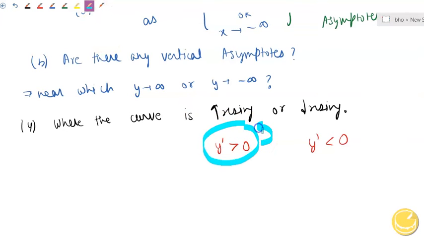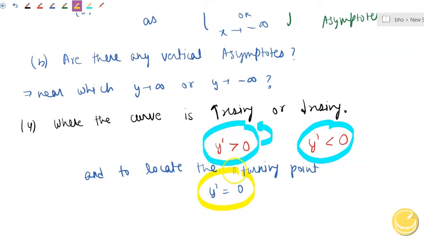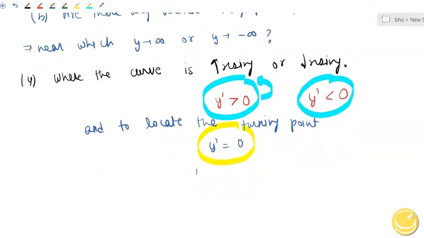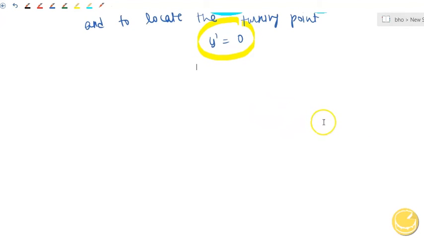We find this to locate the turning points. For this, we search for the points where y dash, the first derivative, is equal to 0. After locating the turning points, we need to exploit the sign diagram for y dash, which helps us locate the possible local or global maxima and minima.